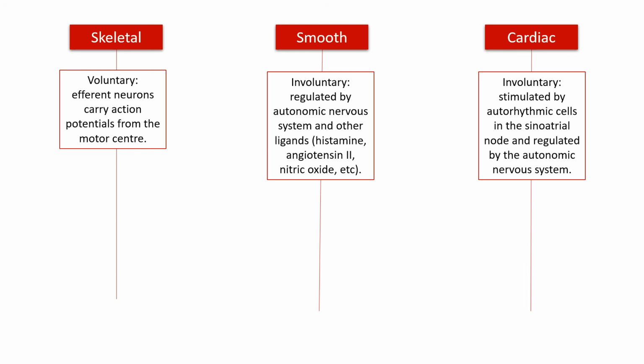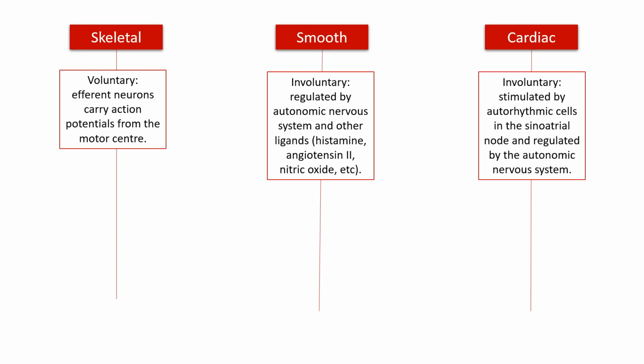Involuntary, in terms of smooth muscle, this is regulated by the autonomic nervous system and also some other chemicals that can bind and can regulate it, usually fairly locally. So examples like histamine that we'll come across in immunology, angiotensin II we'll come across in cardiovascular, and nitric oxide in both, basically.